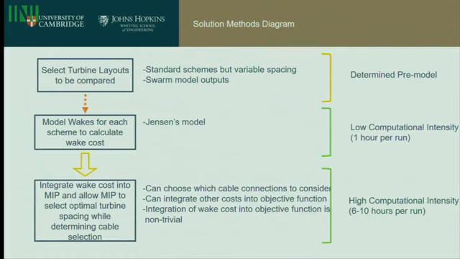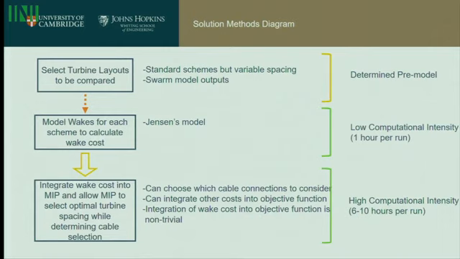Instead, we said that if we were given a scheme, so if we roughly knew where the turbines should be placed, could we then further optimize, given that layout scheme idea, where the turbines should be specifically placed to further refine the model that was presented by these more abstract swarm model outputs. So our optimization occurred in 2 stages.